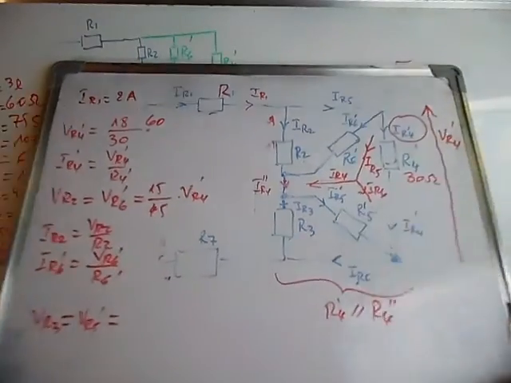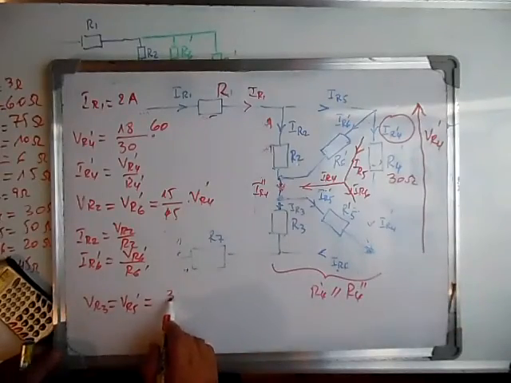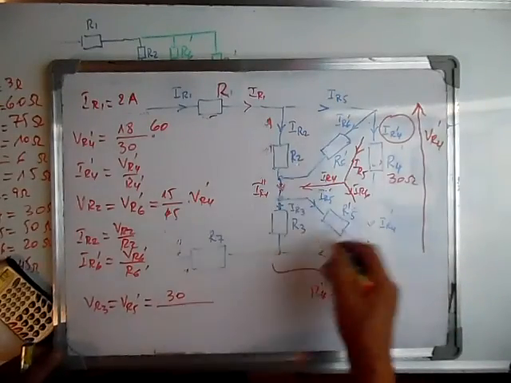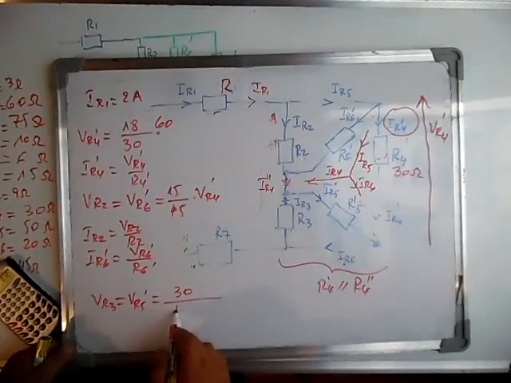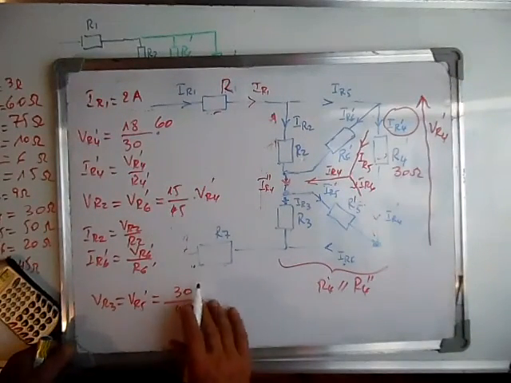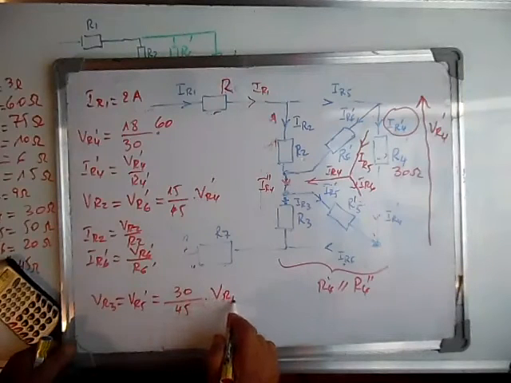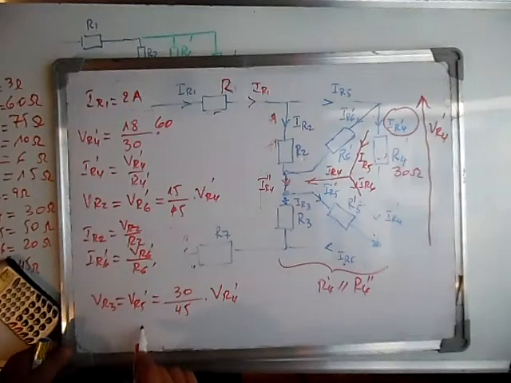and voltage divider, we can use it. It's 30 over the sum of the two, which is 45, I think, 45 times the main voltage, which is this one. And from this we can calculate IR3.